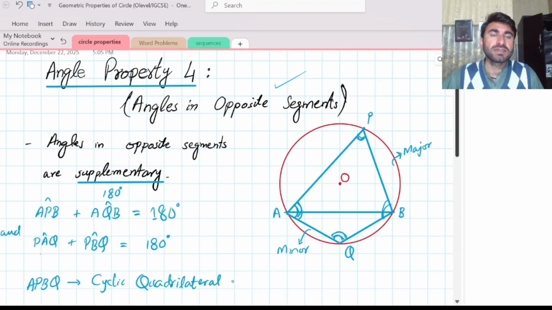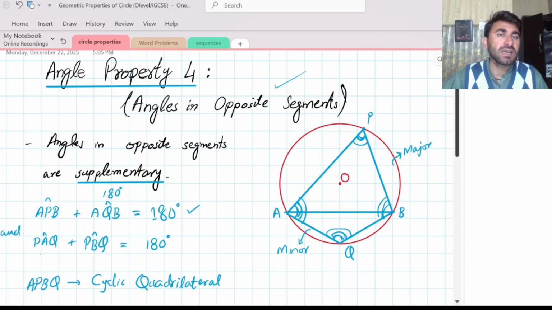And the cyclic quadrilateral has properties that its opposite angles add up to 180 degree. Like if it is a cyclic quadrilateral, then the angle P and Q are opposite angles and they add up to 180 degree, and here we have written this. And the opposite angles at A and B are also supplementary, they must also add up to 180 degree, and we have also written that as well. So this fourth angle property, angles in the opposite segment, is also known as the cyclic quadrilateral property.